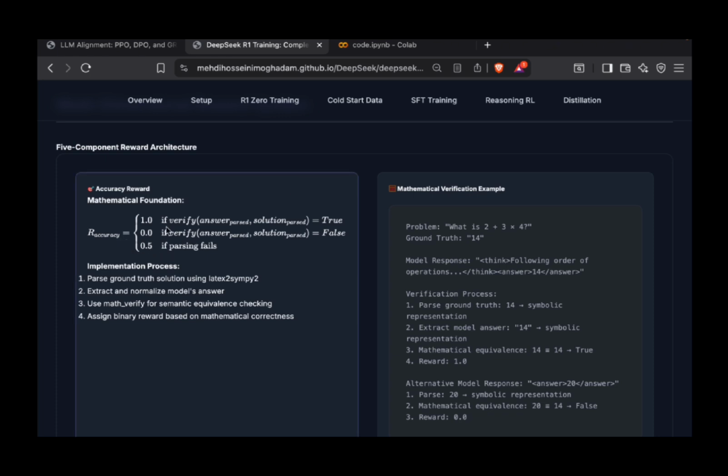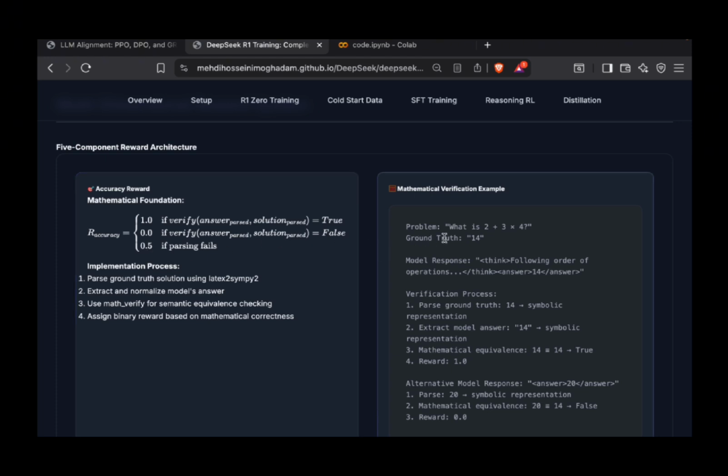The way it works is, if the answer and the solution are the same, give a reward of 1. If they are not, don't give any reward. And if the parsing of the LaTeX or math problem failed, just give half as a reward, which makes sense and is fair, because if parsing failed, we're not sure whether the LLM was right or not.